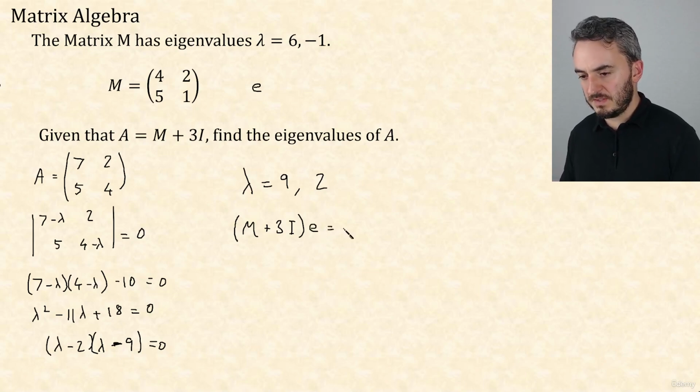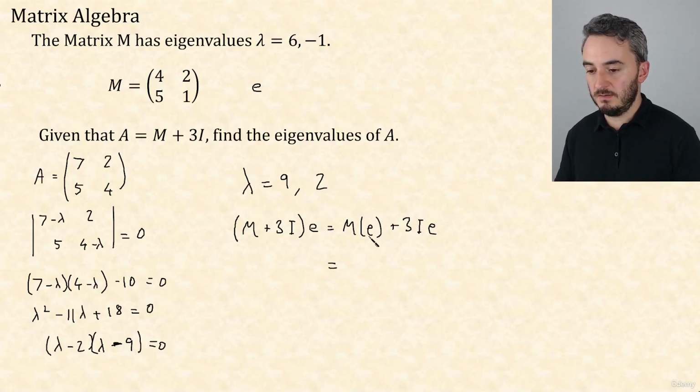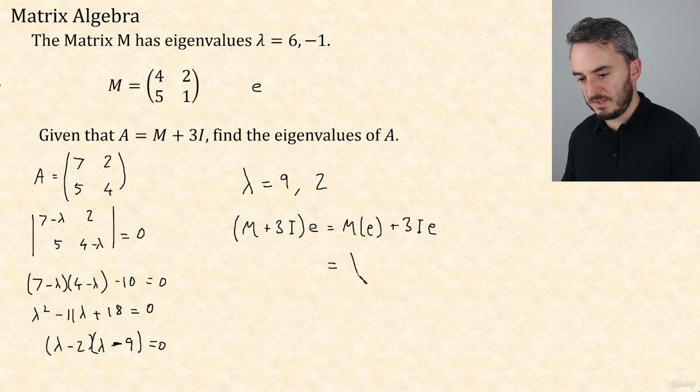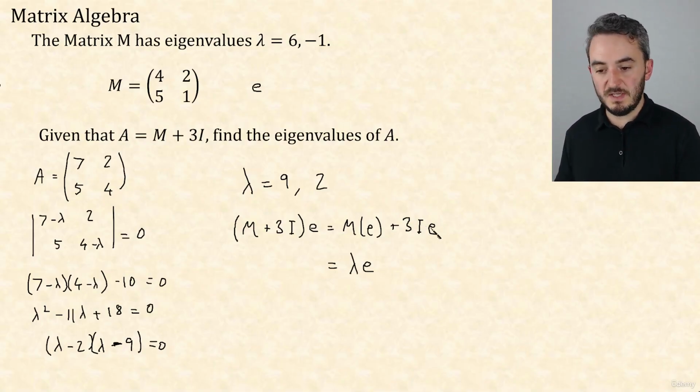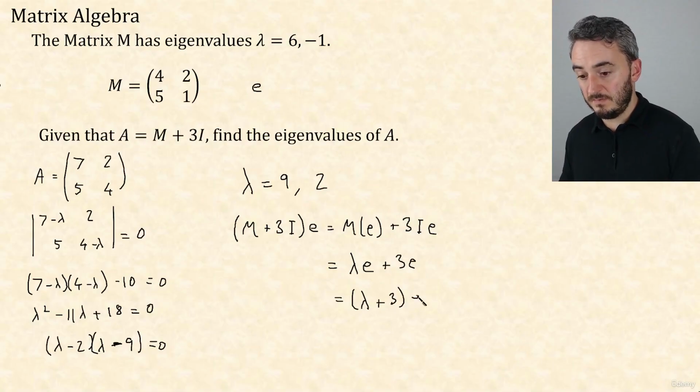I can expand this and I can get M of E plus 3I of E. Well, by definition, M of E is just lambda E. Remember, E is the eigenvector of M. So that's just lambda times E. And 3I times E, well, I of E is just E, so that's plus 3E. And so what do we get? We get lambda plus 3 lots of E.